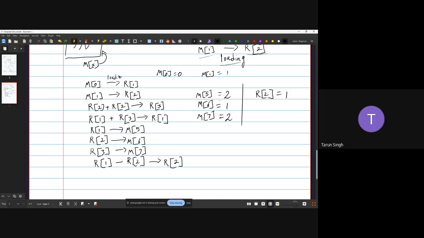This part is storing. Okay. So the data in M0 is copied into R1. So we are loading the data from M0 to R1, which just happens to be 0. And similarly, we are loading the data from M1 into R2, which just happens to be 1.